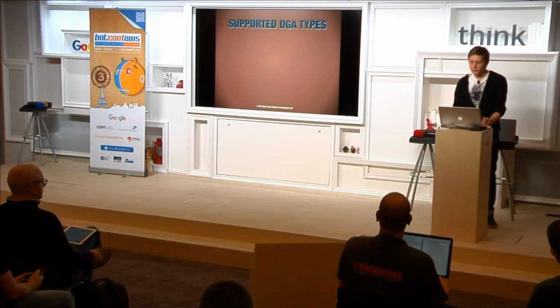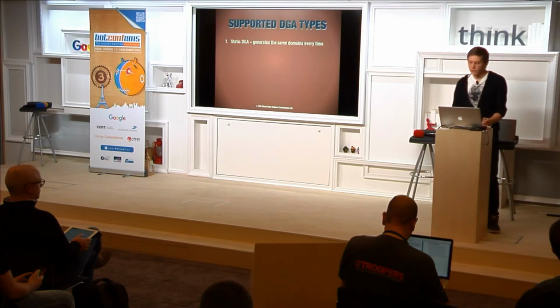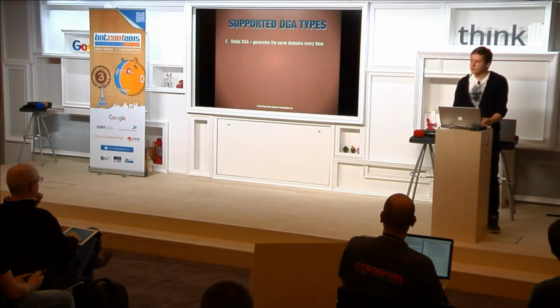We support 4 different types of DGA. The first one is the simplest type, called static DGA. Static DGA is a type of DGA where the generated output is not dependent on date or seed, and it will generate the same domains every time. So it's simple to re-implement the algorithm, grab the output, and block the traffic accordingly.